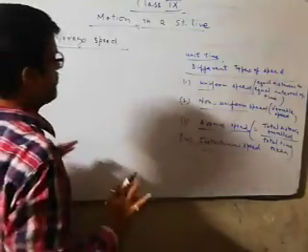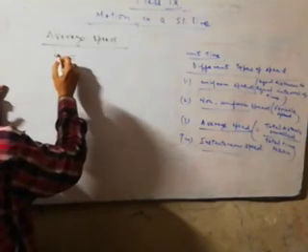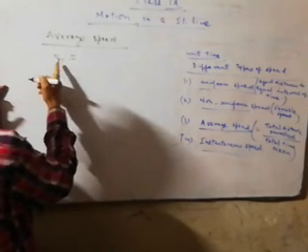Now see, the average speed formula is something you should always keep in mind whenever calculating. V average, AV means average.